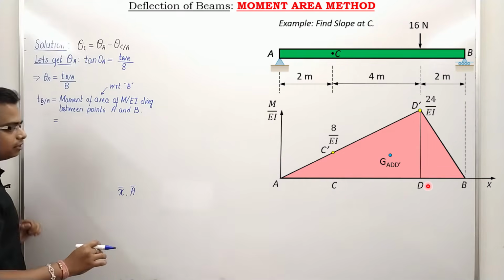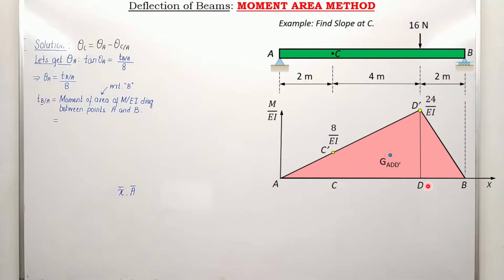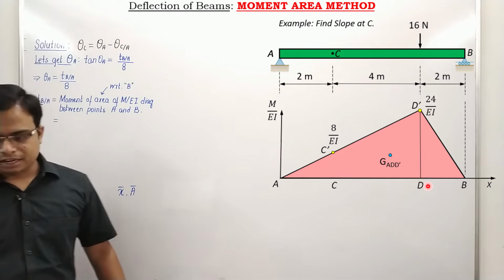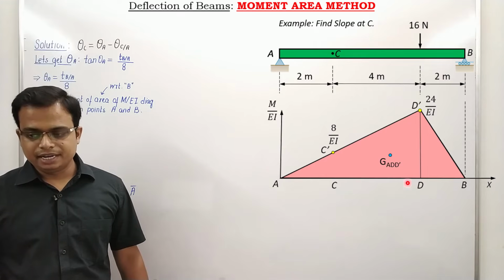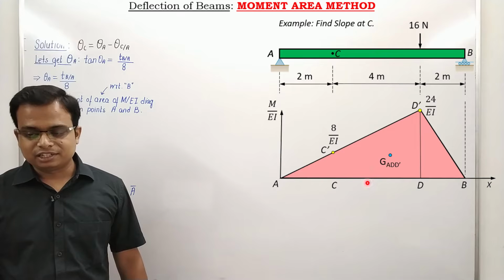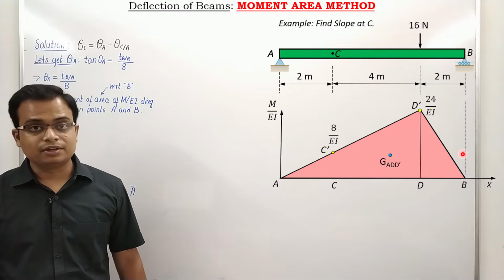And how can we write this essentially? Just a second. Let me see if the recording is still on or not. Yes, it is on. So watch this. Let us take a look at this area first, ADD dash. The moment of this area is going to be this area itself multiplied by the distance of its centroid, that is this point, from this point B. This is the distance that we are looking for.